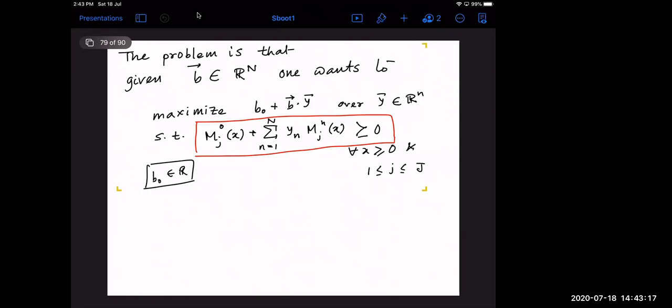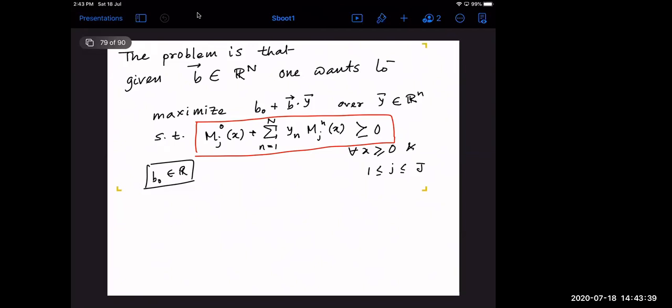So one will look for such a y numerically, scanning the Rn space to find the optimal solution.